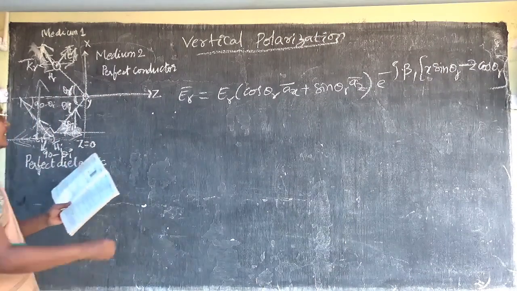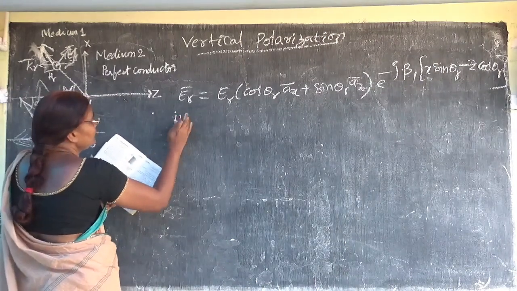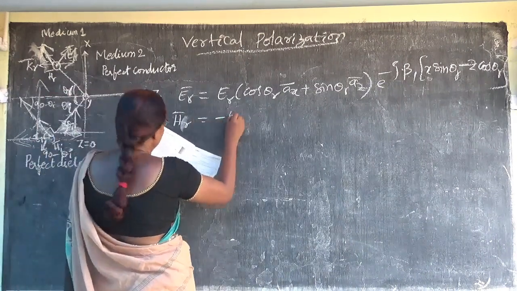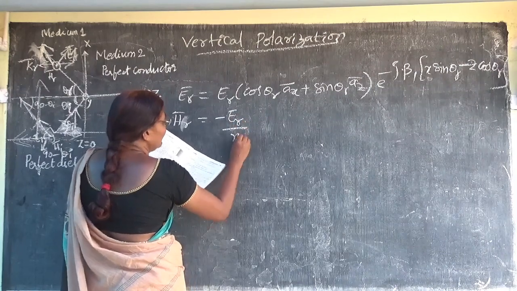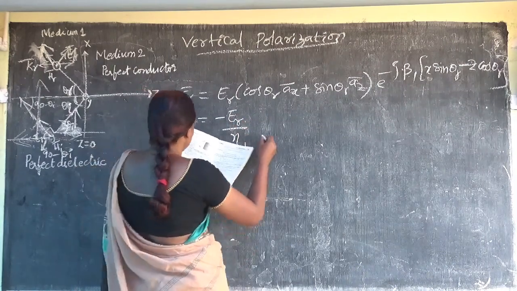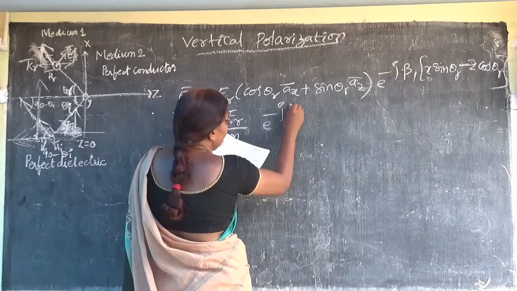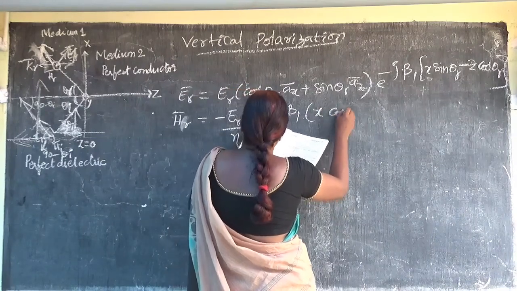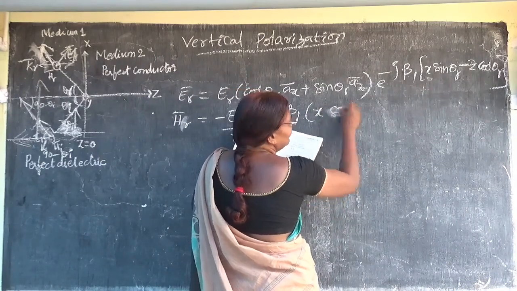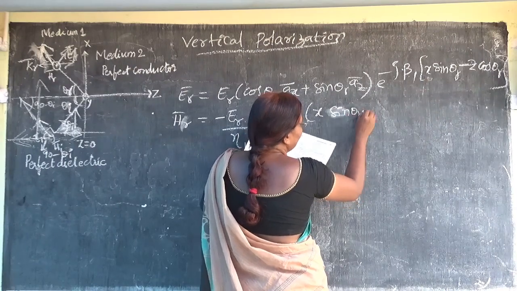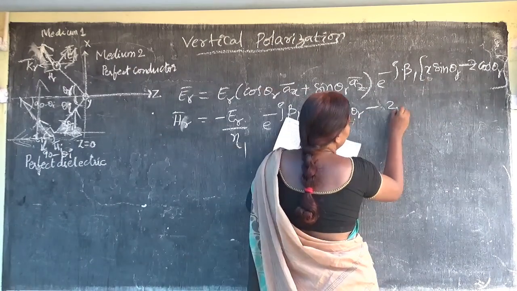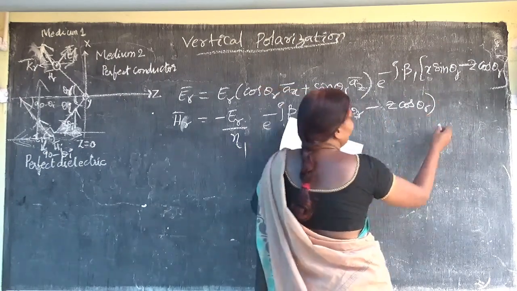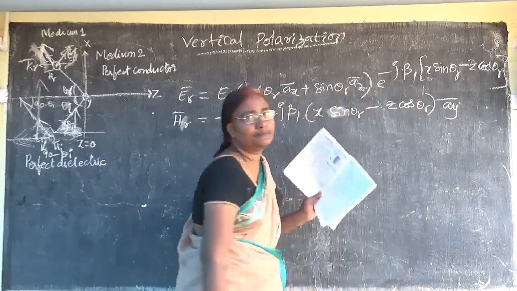So next, what is my HR bar? HR bar will be minus ER by theta 1 and e to the power of minus j beta 1 and x sin theta r minus z cos theta r, and this is also along a y bar.